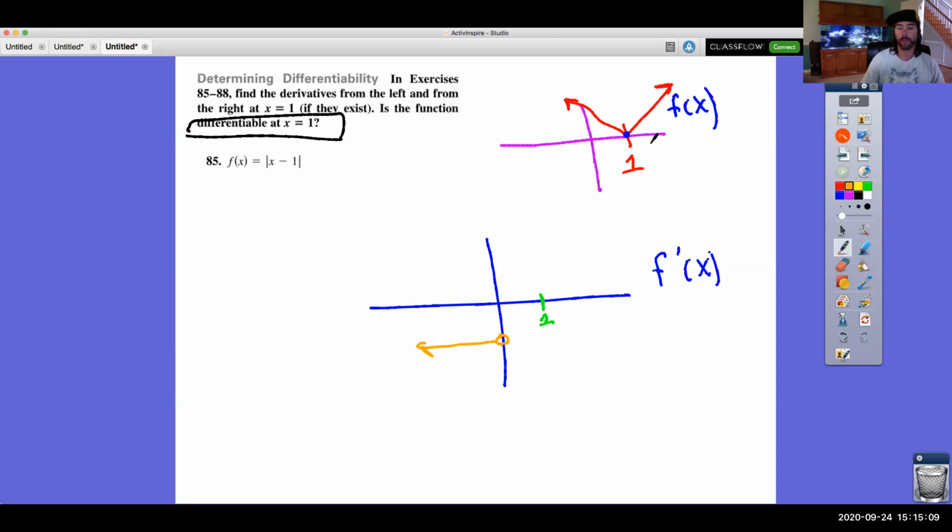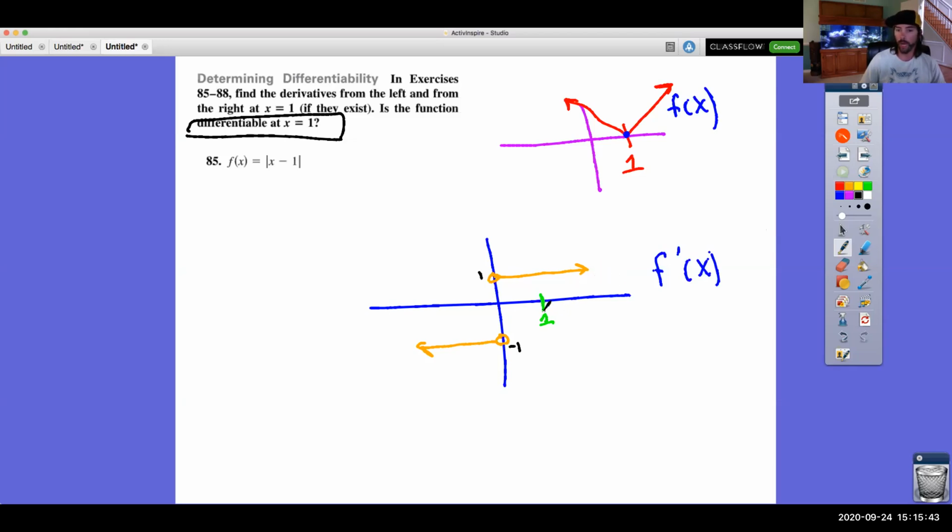The derivative on the right of 1 is always the same thing. It's always positive 1. There is a jump discontinuity at 1. So I have an open circle and an open circle because I can't take the derivative at 1. And that's why I was saying in the beginning, it doesn't matter where you put the or equals to, because for the derivative, you cannot evaluate the derivative at 1 anyway.